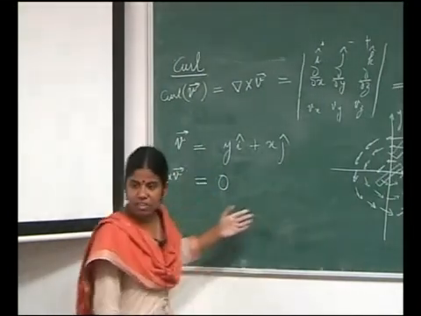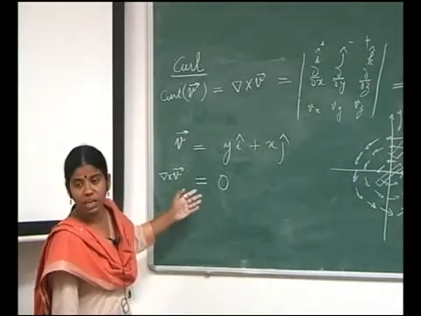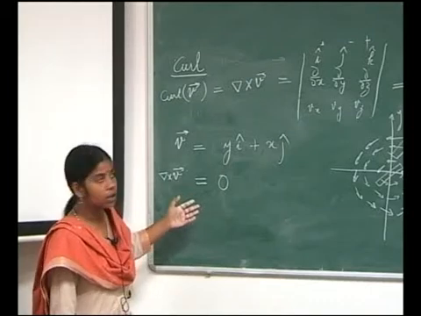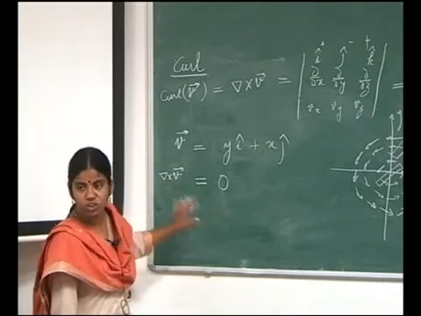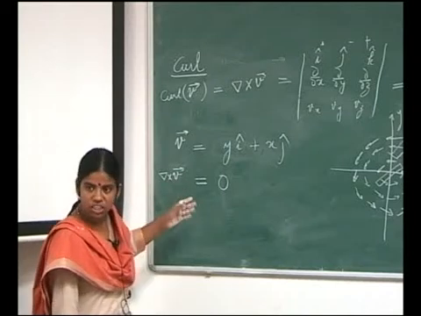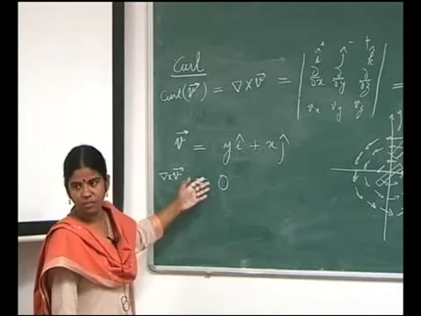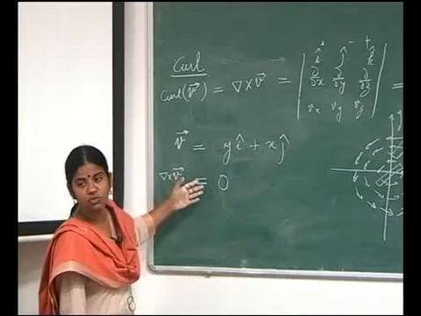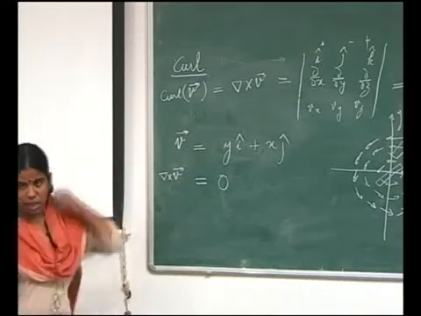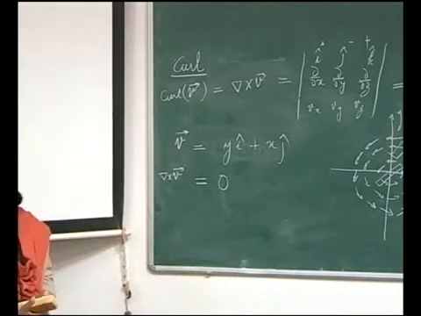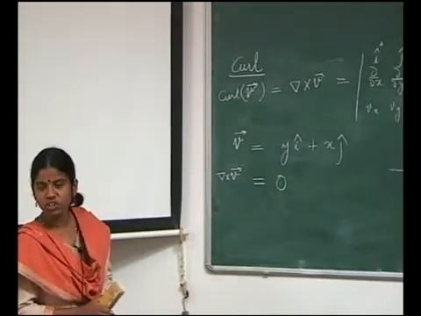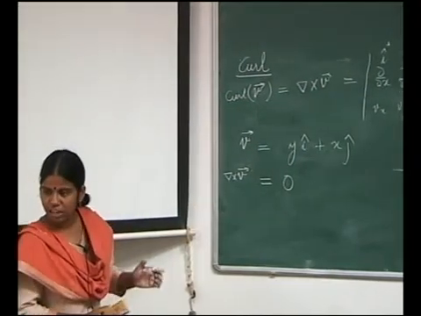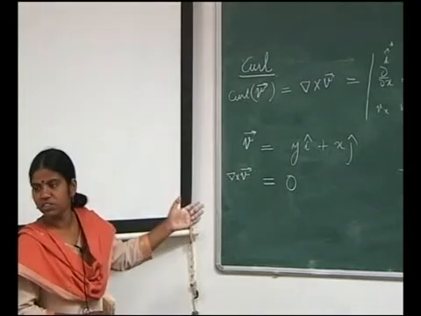Gradient gives you the direction along which a particular function will change the fastest, in which direction the change would be rapid. So when you calculate the gradient of any scalar field, the slope tells us the direction of maximum change of a given scalar field.